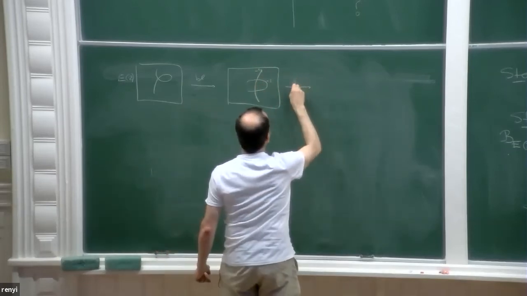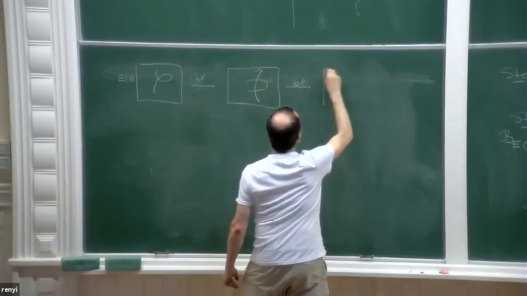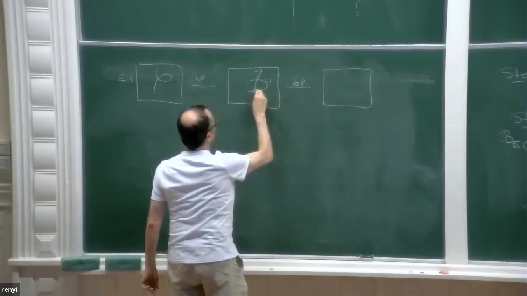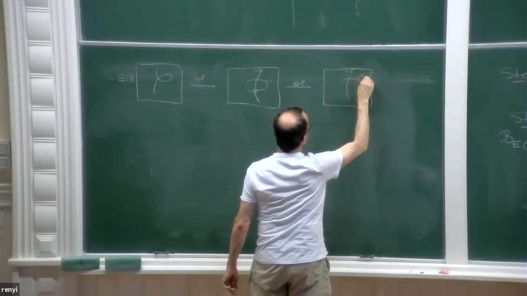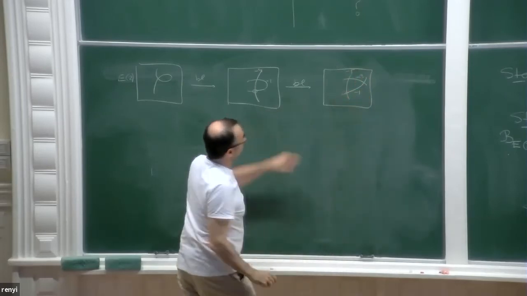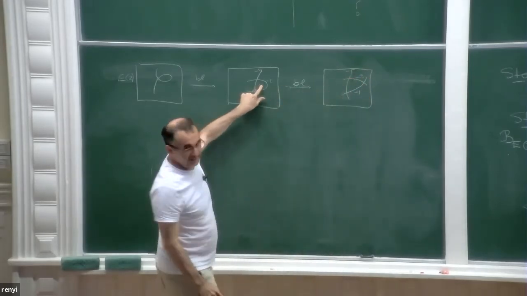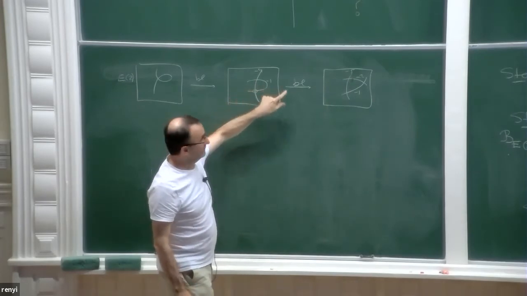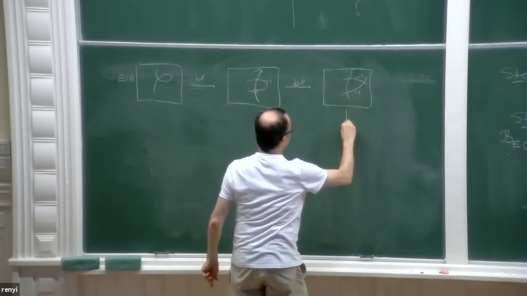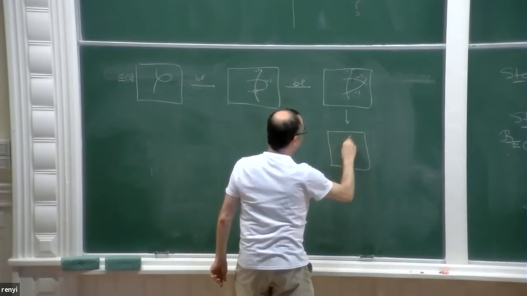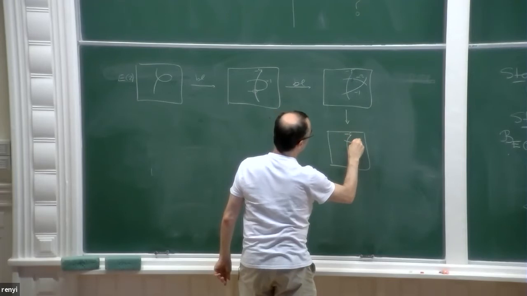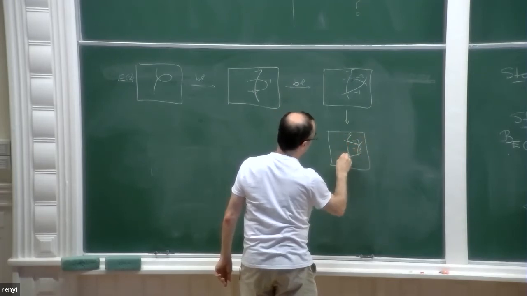Blow up again, blow up this point, we get a -5 sphere, a -2, and a -1, right? This guy used to be this -1, but now we blew up, so it's a -2, and this is the new exceptional divisor. Then we keep doing that. We have a -6, -2, -2, -1.